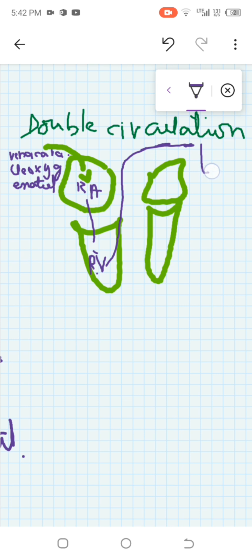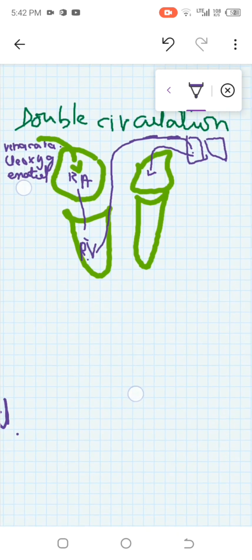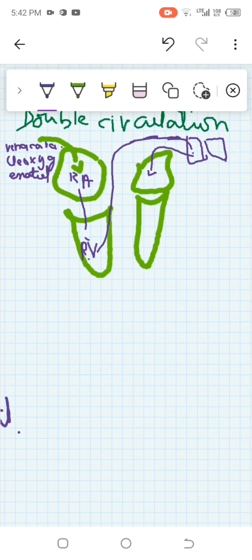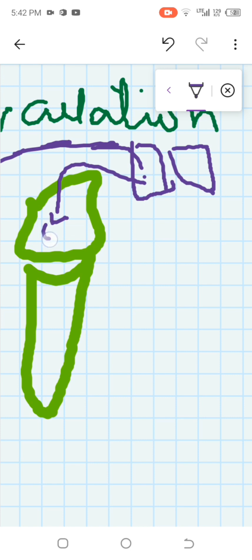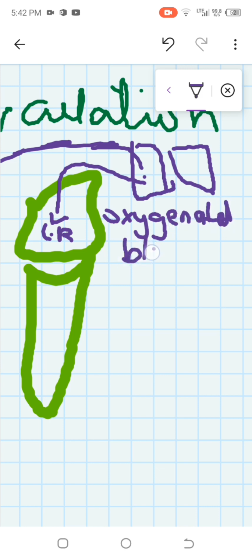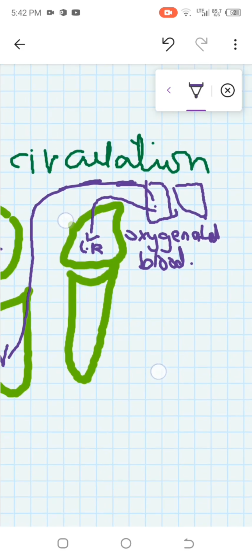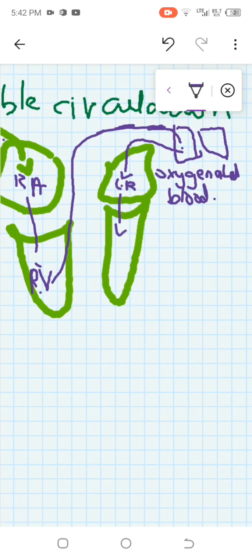From the lungs, the oxygenated blood comes into the left atrium, then goes into the left ventricle, and from this ventricle it moves out by the aorta to the different parts of the body.